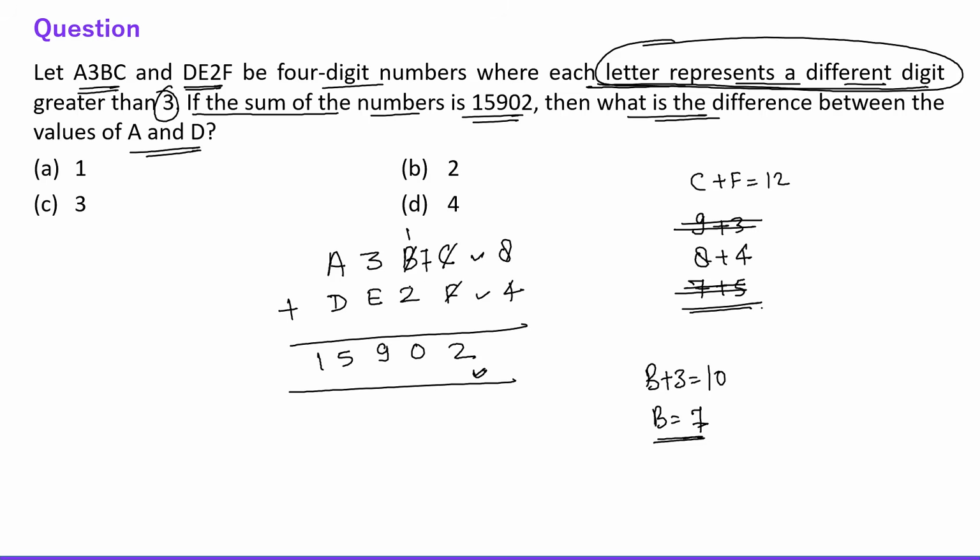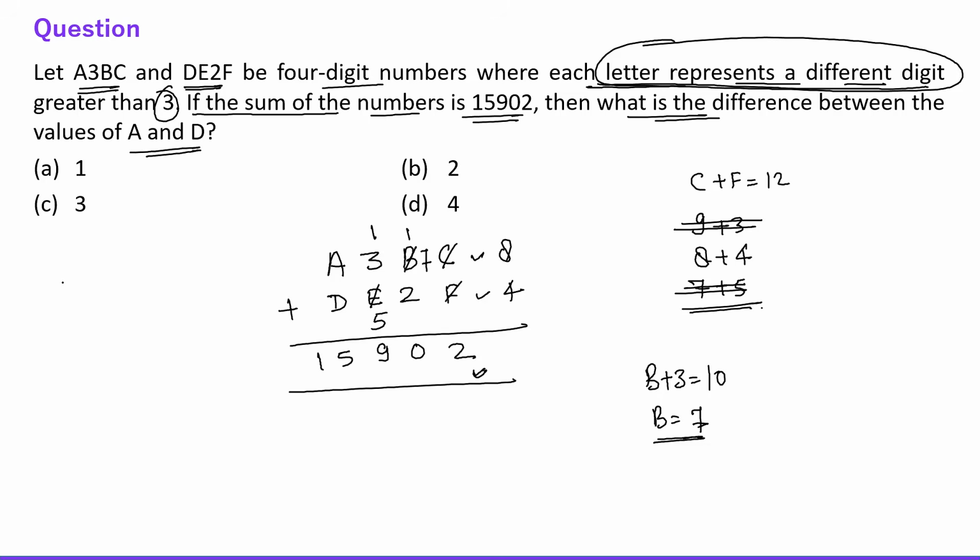B is 7. Now 7 plus 3 is 10, then 1 is carried. So 3 plus 1 is 4. 4 plus E is equal to 9. It means E is equal to 5. Then A plus D is 15.